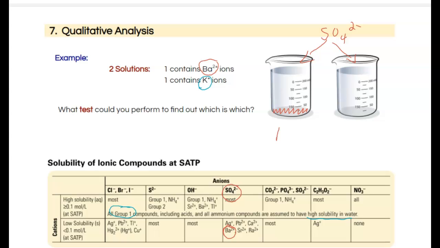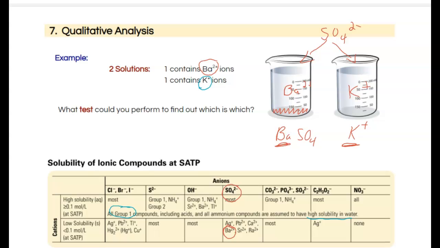The one that forms a precipitate is going to form barium sulfate, because the barium ions in solution are going to be insoluble when they combine with our sulfate ion, and that's going to make a precipitate in the bottom of our solution. Whereas the container that contains the potassium ions is not going to precipitate out. It's just going to look like a nice, clear, colorless solution. So by adding sulfate, I'm going to cause the precipitation of my barium ions, but not my potassium ions. And so that would allow me to discover which one was which.